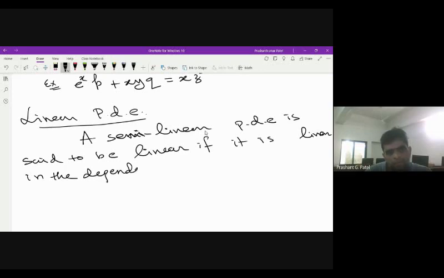It has to be linear in the dependent variable and its derivative.